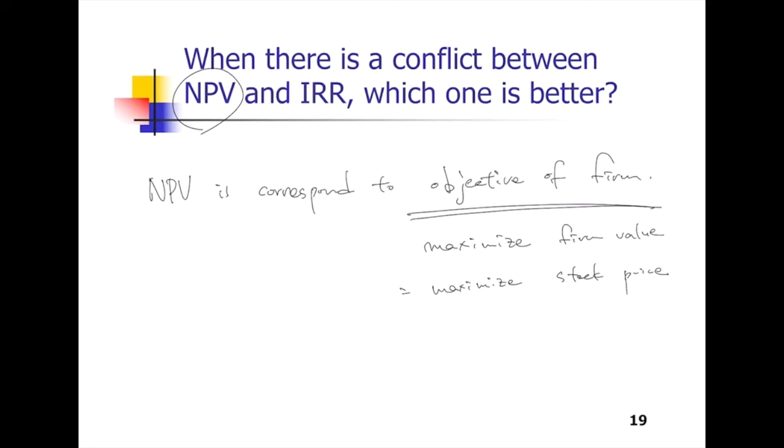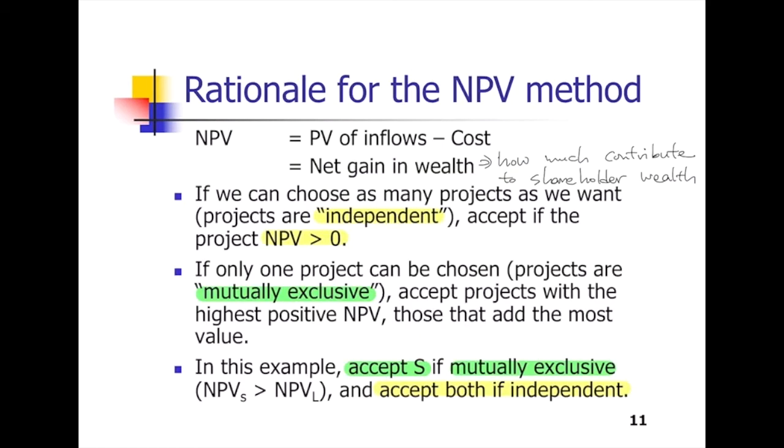And if stock price increases, it means we maximize stockholders' wealth. MPV represents what? Do you remember this, right? Yeah, this MPV represents net gain in wealth.